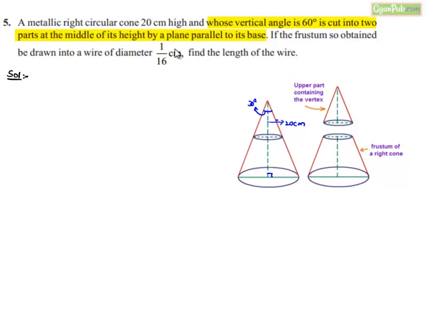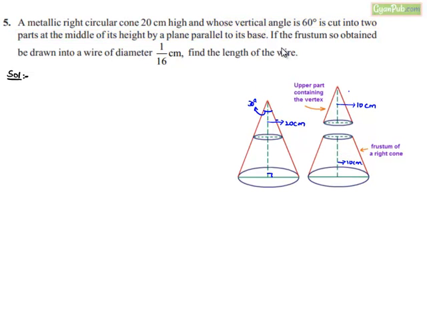Now he says that this cone is cut in the exact center by a plane parallel to the base of the cone. So the frustum is formed. So this height will be equal to 10 centimeters and this height will also be equal to 10 centimeters.